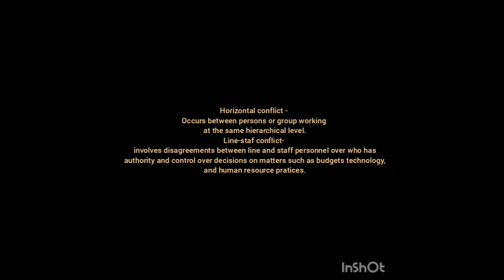It occurs between persons or groups working at the same hierarchical level. Line-staff conflict involves disagreements between line and staff personnel over who has authority and control over decisions on matters such as budgets, technology, and human resource practices.